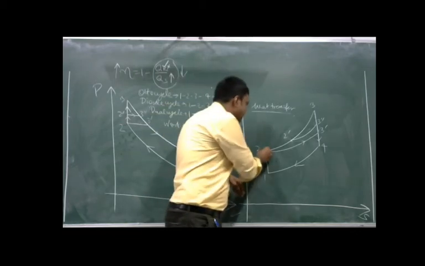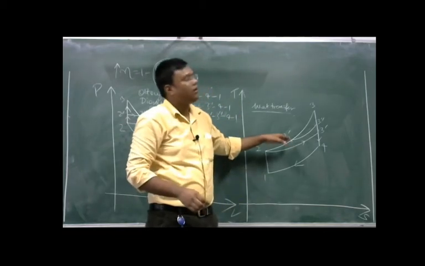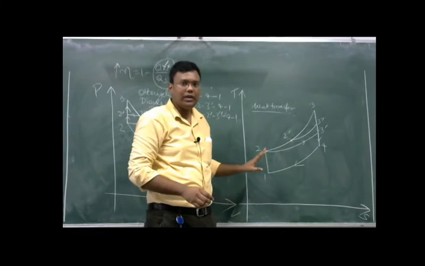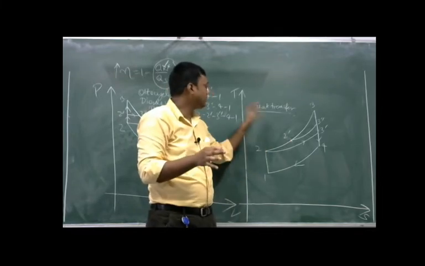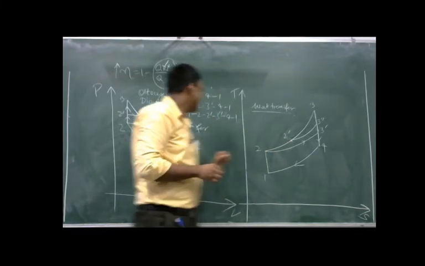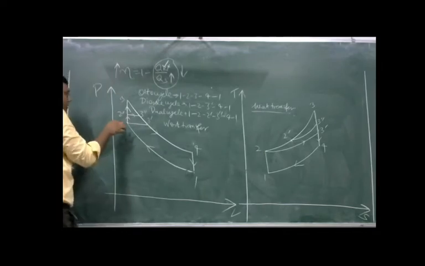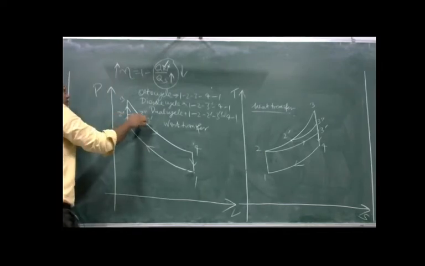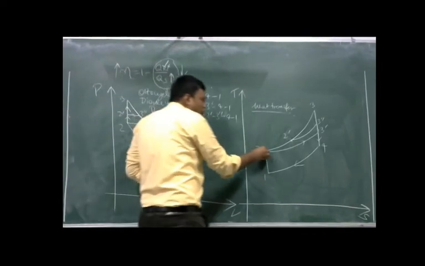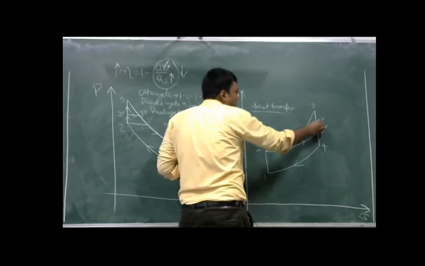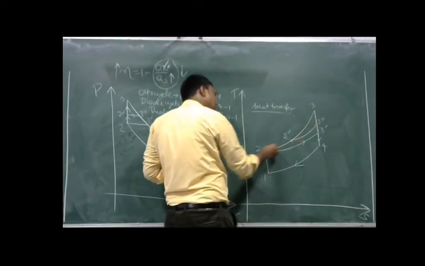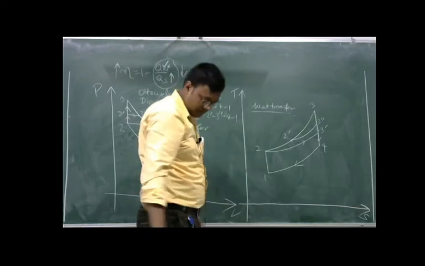First recognize the curve, then see the area below the curve, and then we can easily analyze the heat transfer. Now for the dual cycle, heat transfer takes place from 2 to 2 dash, then 2 dash to 3 double dash. This curve shows the heat addition or heat supply for the dual cycle.